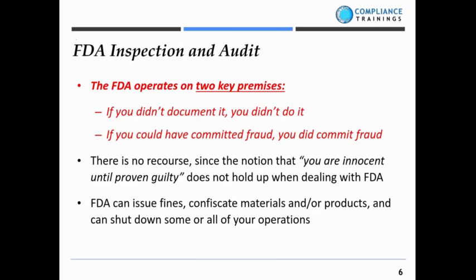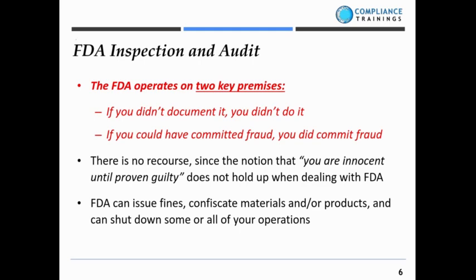Now, FDA doesn't come out and say this, but what you'll find in dealing with them is that they operate on two very key premises. One is that if you didn't document something, you didn't do it. You've got to provide proof in writing that you did something. And if you could have committed fraud, you did commit fraud.